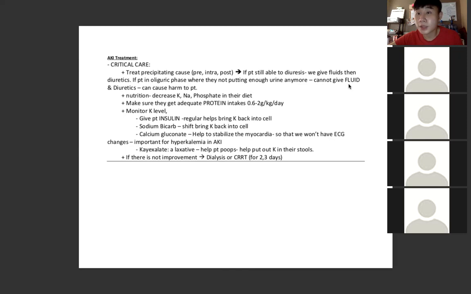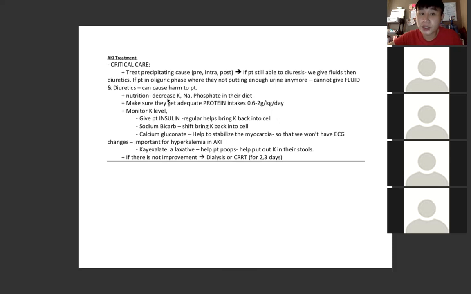So it's important when you do the exam to read the question carefully to see which phase the patient is in in order to provide appropriate treatment. Because if we give fluid to a patient in the oliguric phase, they will just retain more and more fluid, and it will cause more swelling and hyponatremia and lead to cerebral edema and other issues with fluid balance.